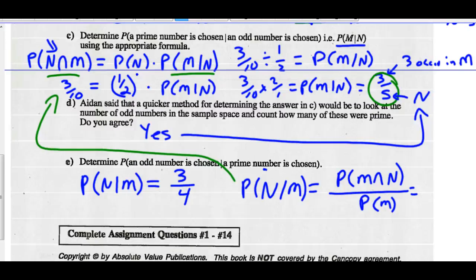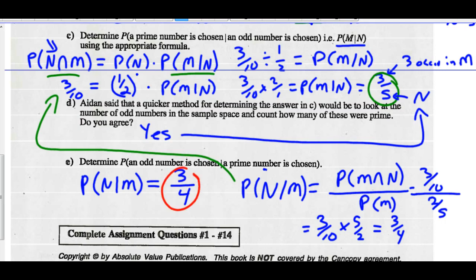M intersect N is 3/10, divided by the probability of M, which is 2/5. So that's 3/10 divided by 2/5, or 3/10 times 5/2, which would give us 15/20, same as 3/4. So either method you want to do it, we get the correct answer. All right, so you've got this assignment. Get after it.